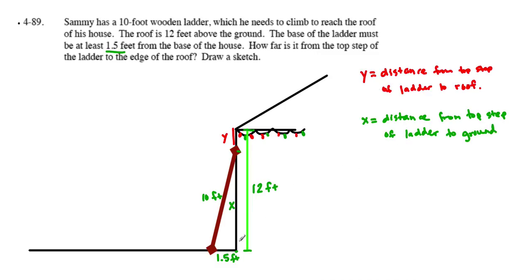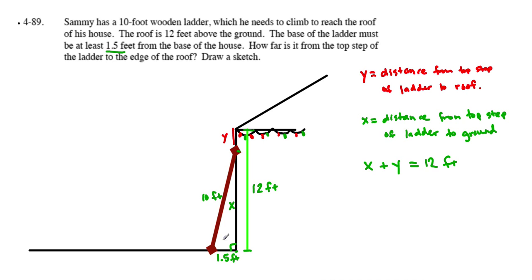Like I said there, we know that from here to the top step and from the top step to the roof should be 12. So we know right now that x plus y should equal 12 feet. Just trying to draw it here so everybody knows what's going on. So this angle down here we know would be a right angle. So we have a right triangle.